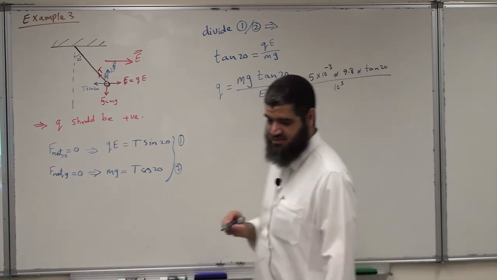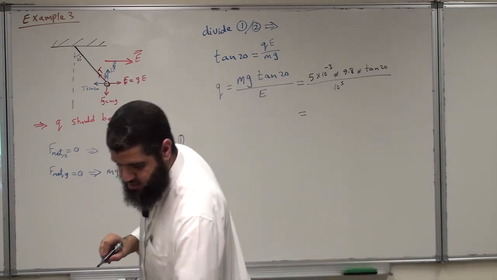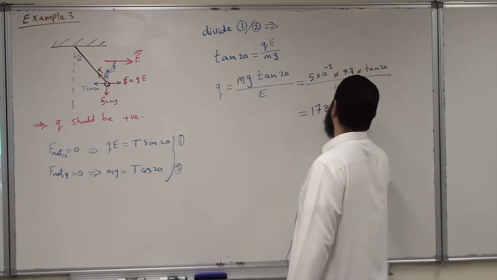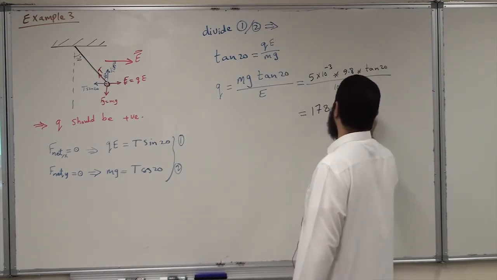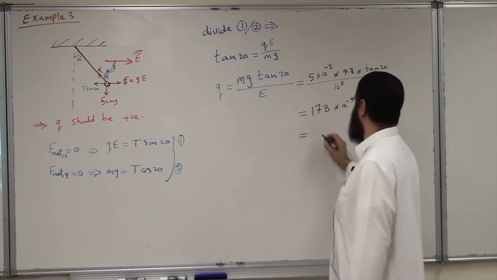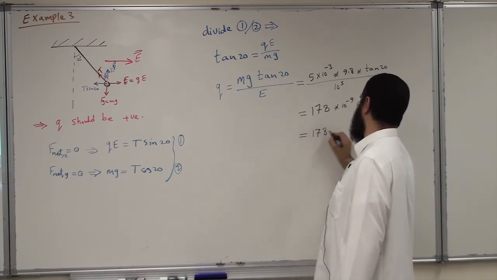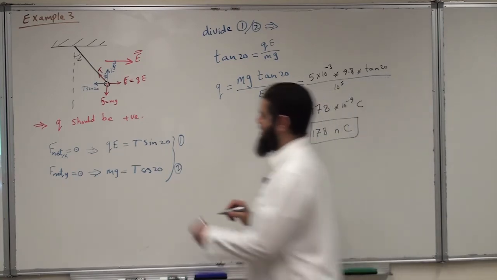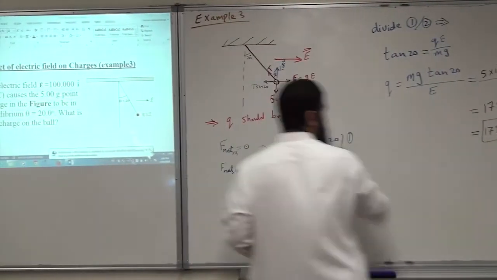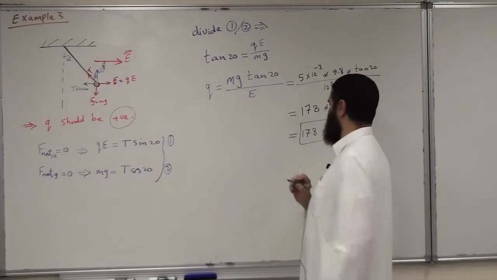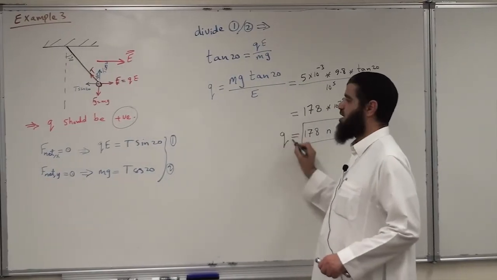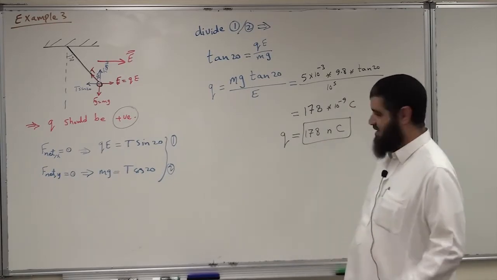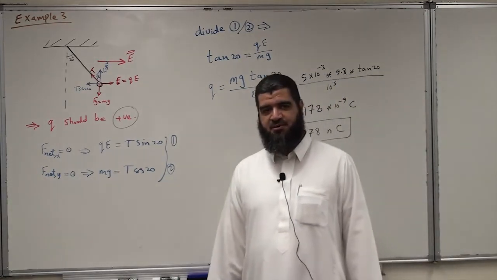The answer for this will turn out to be 178 times 10 to the minus 9 coulomb, or simply 178 nano coulomb, and we said at the beginning that it is positive. So the charge on our particle here is positive, and it has a magnitude of 178 nano coulomb.